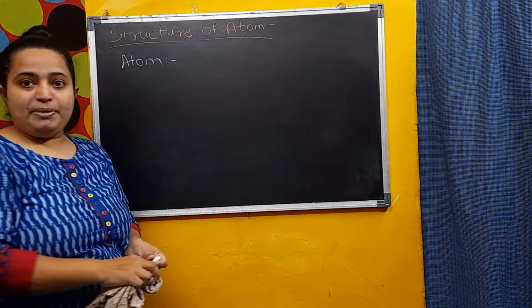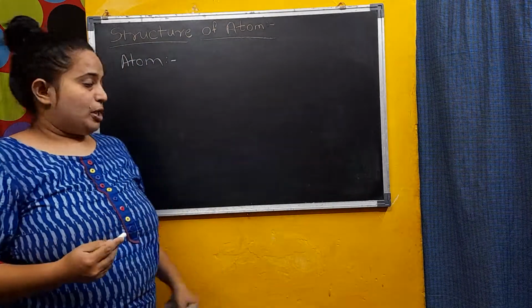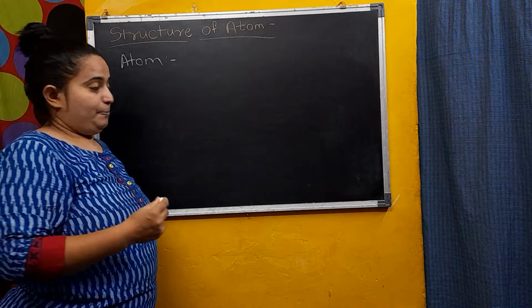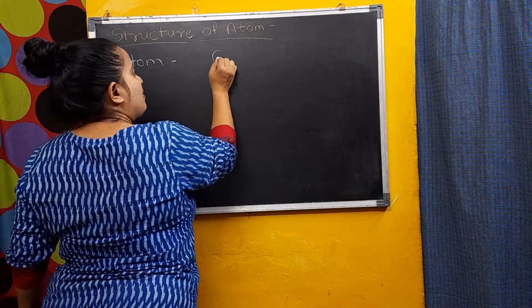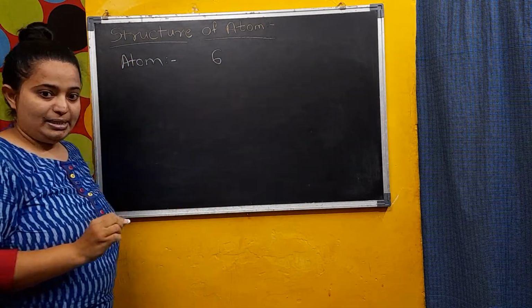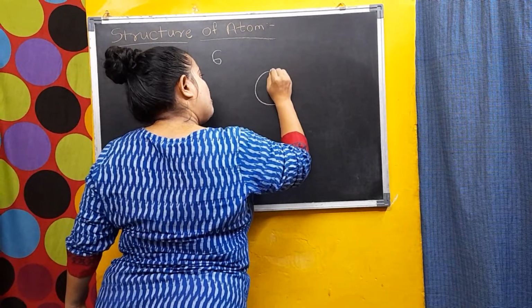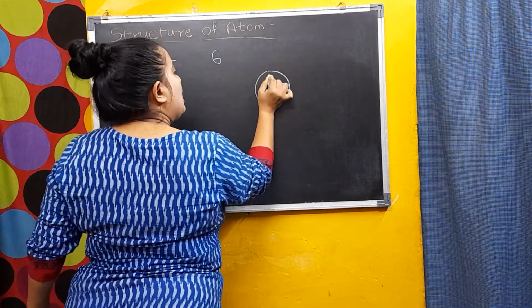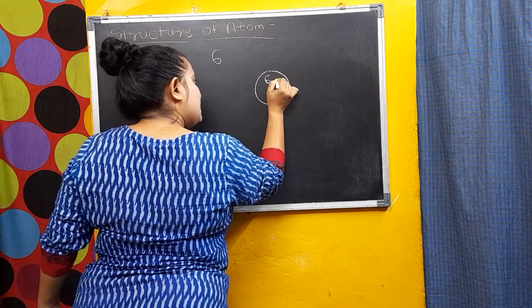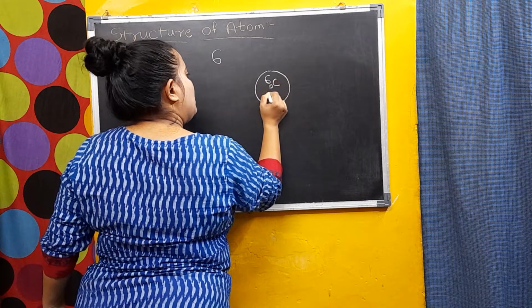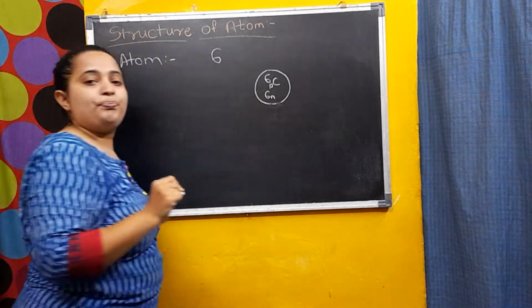In our chemistry, carbon is a very important element, so we will see carbon. The atomic number of carbon is 6, right? This is the nucleus. In the nucleus, there are 6 protons and 6 neutrons.